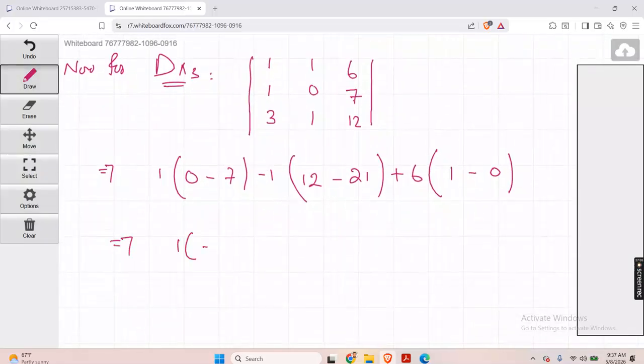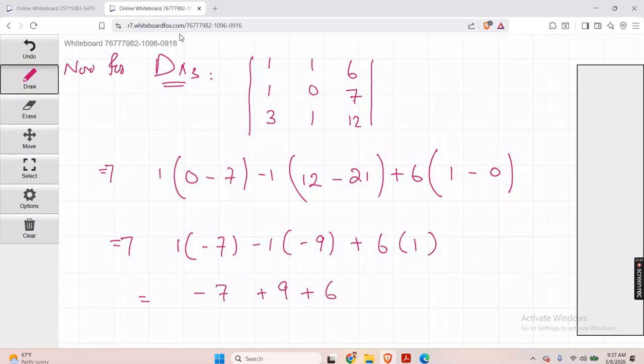So we have 1 into minus 7, minus 1 into minus 9, plus 6 into 1. So we have minus 7 plus 9 plus 6, minus 7 plus 15, so dx3 is equal to 8.